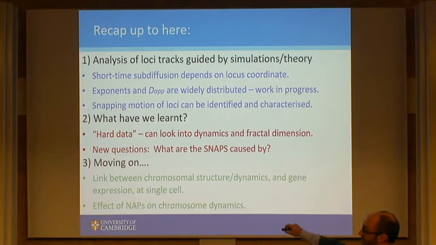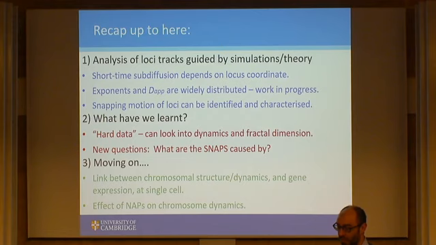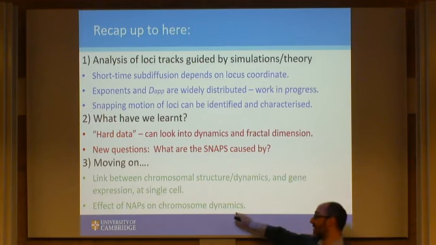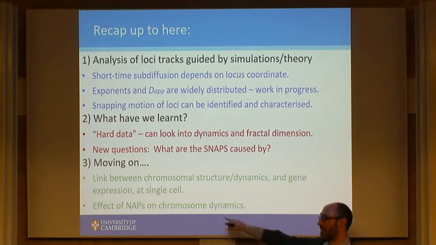And I told you we are doing experiments knocking out MukB and also some of the other NAPs to understand chromosome dynamics. But we were slowed down here by the very pragmatic problem of the size of GFP. We've had these strains for a while, but until we understood properly, and to some extent we still are working on, the effect of the size of GFP, it's not possible to compare strains that are dramatically different, because in a strain that is suffering more because of the absence of this, much less GFP will be made.